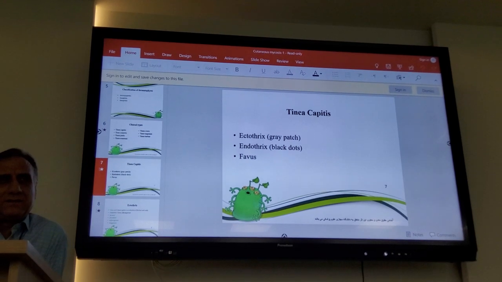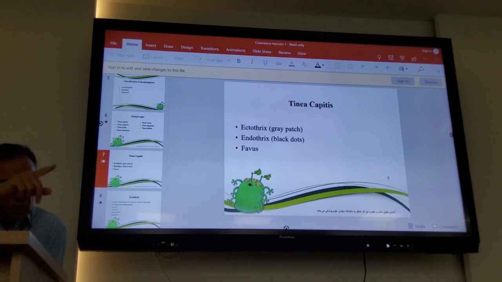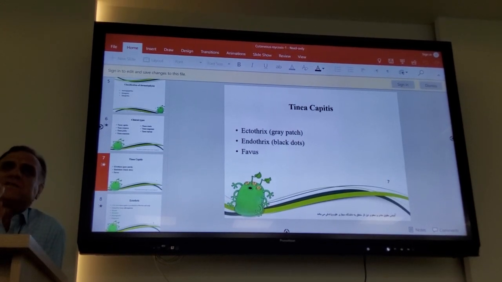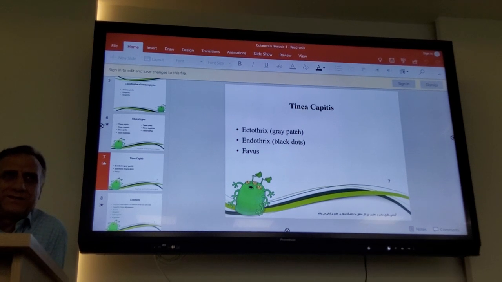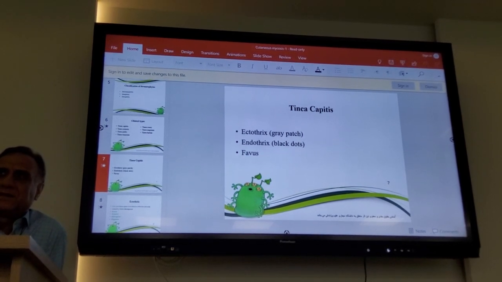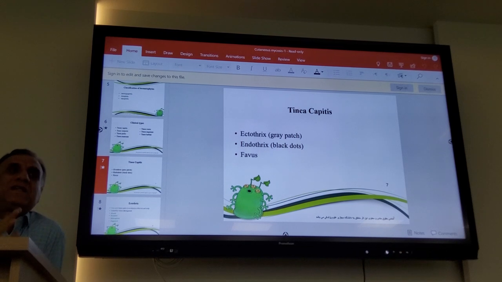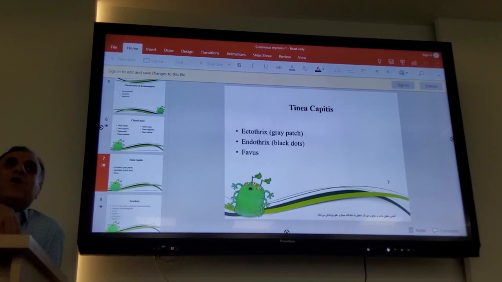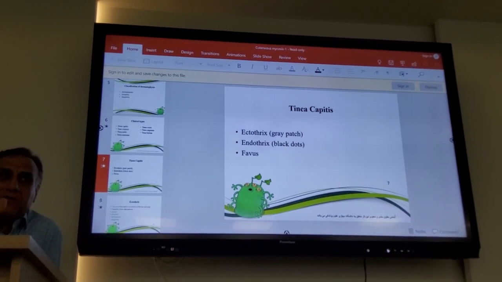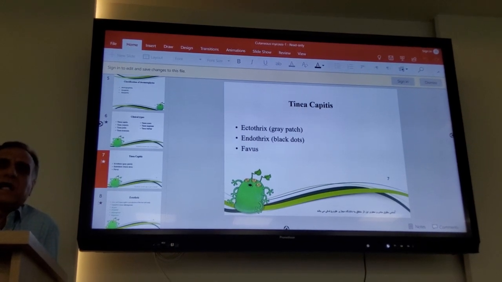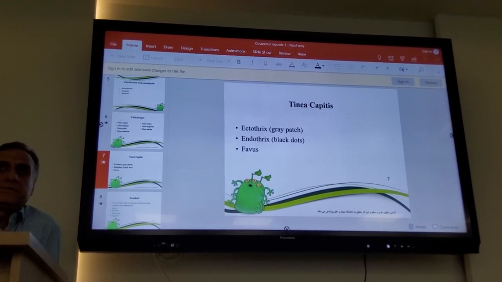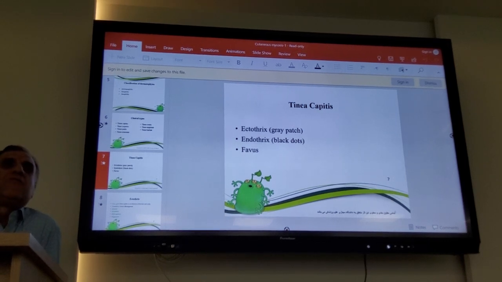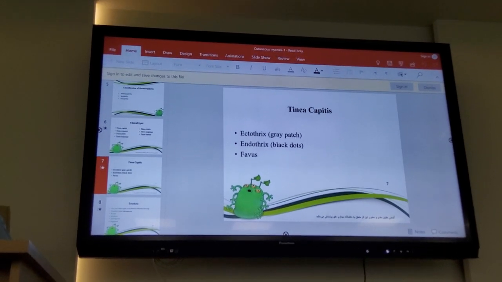What is outside the hair? Yes, your answer is correct. Which element is outside of the hair? A spore or arthroconidia. When you see the spore of dermatophyte outside the hair, around the stem of the hair, it is ectothrix, and endothrix is inside the hair. When you see a cluster of spores or fungi inside the hair, it is endothrix.